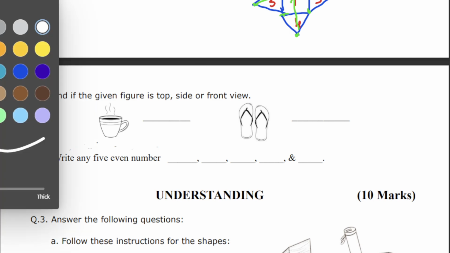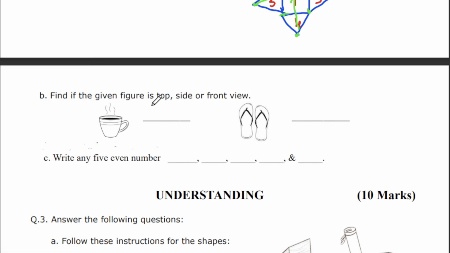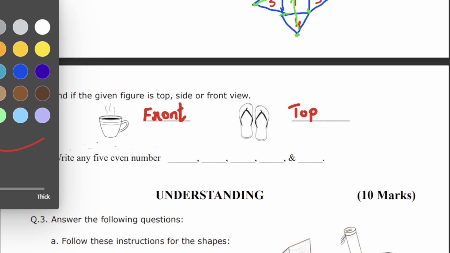So let's write the answer. The cup is the front view. And the slipper is the top view.